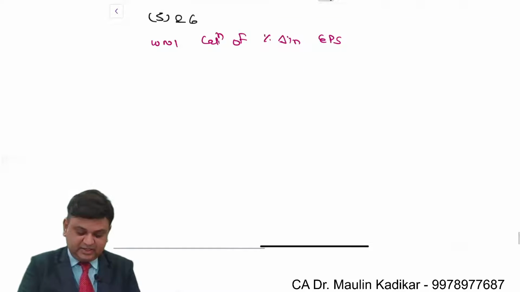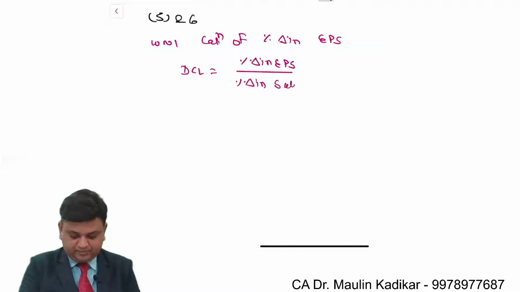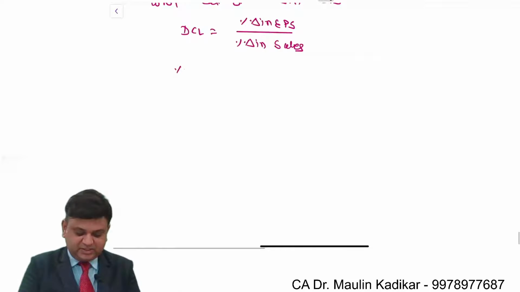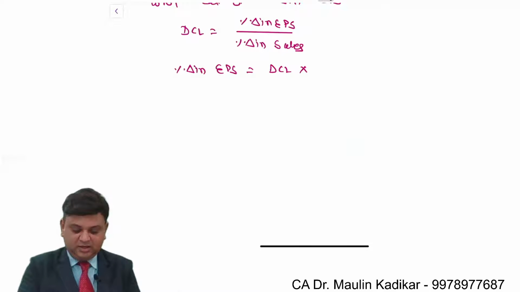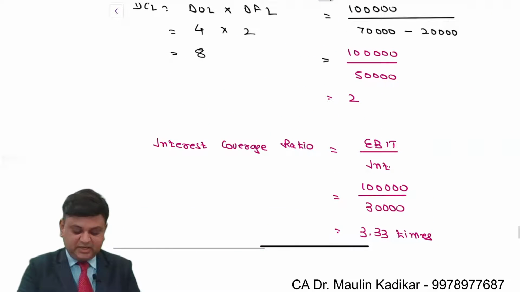DCL is equal to percentage change in EPS upon percentage change in sales. So percentage change in EPS is equal to DCL into percentage change in sales. We already found the DCL value. It is 8.